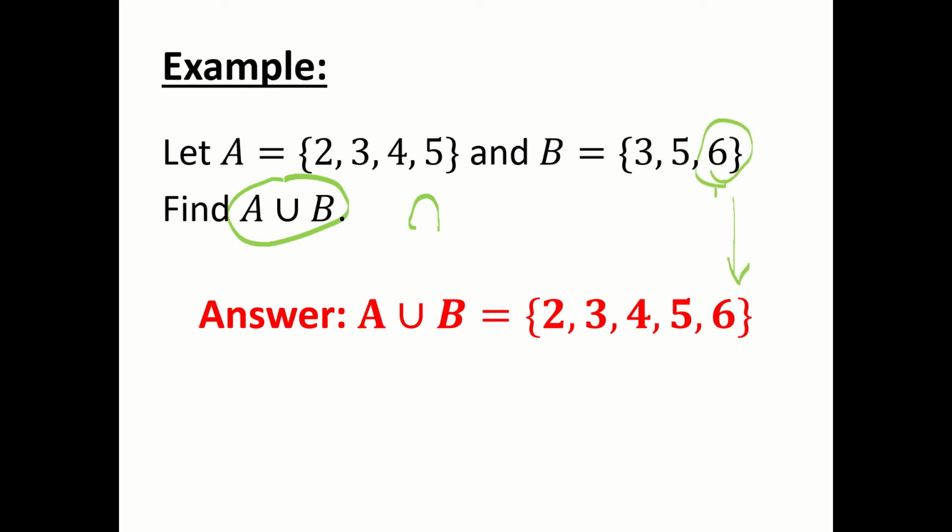Now, when you try to combine, you should not write 3 twice. Remember, a set is about distinct objects. There's no need for you to write 3 twice, or even the 4 and the 5. To write it once is enough. So our answer for A union B, or we can read it as the union of sets A and B, is 2, 3, 4, 5, and 6.